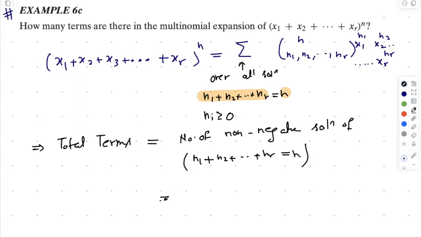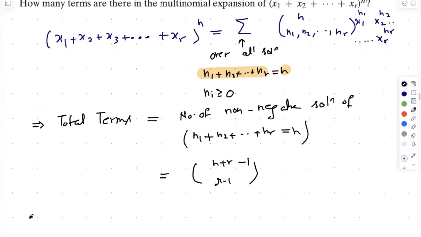And using Proposition 6.3, we know the answer. It is (n + r - 1) C (r - 1). So if I ask you how many total terms there are, you can give the answer. So consider the previous question, (x1 + x2 + x3) power 6. And I ask you, without expansion, how many terms are there?